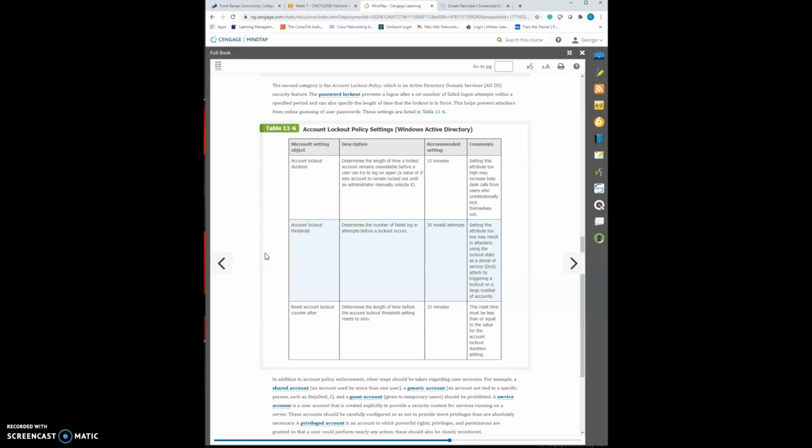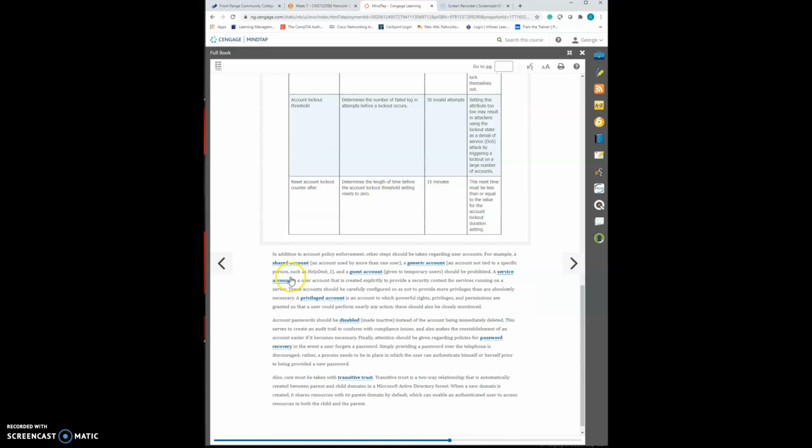Basically, it's where you put people, groups, assets, computer servers, and you dictate what they are and what they can do in the Active Directory.